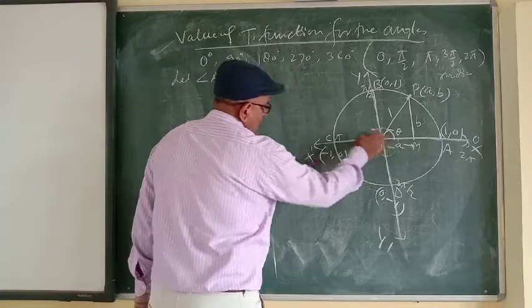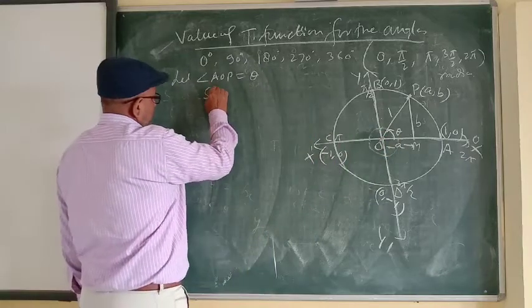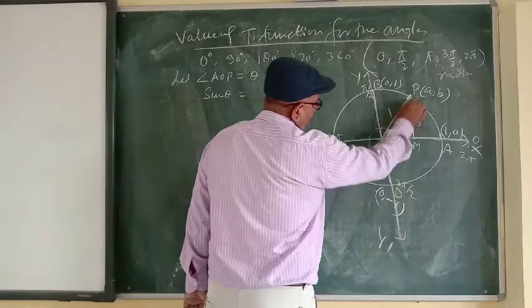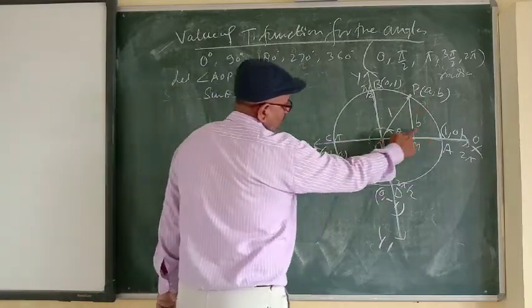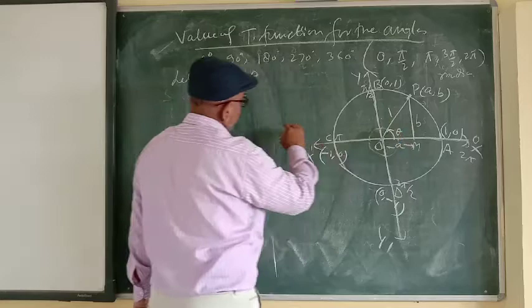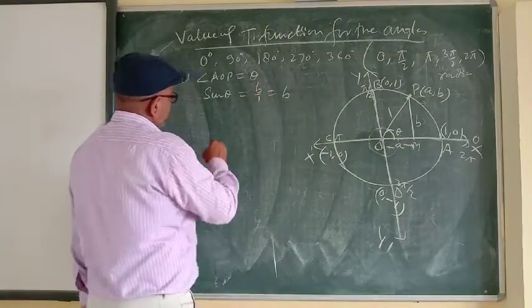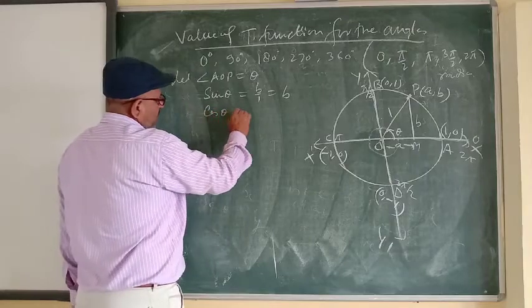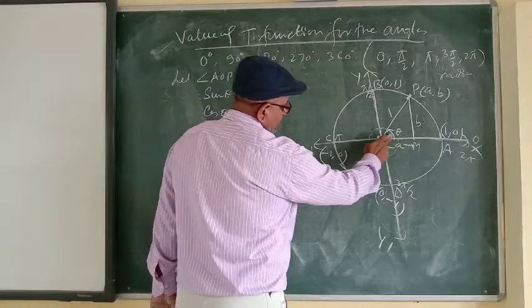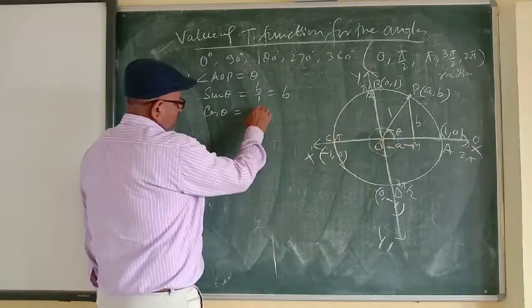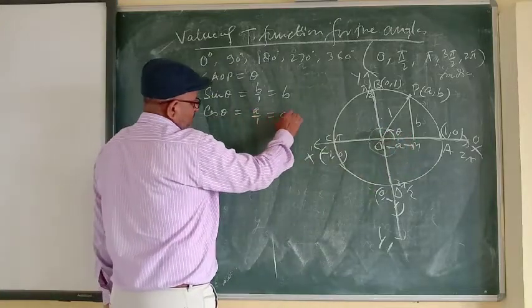So if we take sin theta, what will be sin theta in this triangle? In triangle OPM, sin theta is perpendicular by hypotenuse. So it will be b by 1, which is only b. And what is cos theta? Cos theta is base by hypotenuse. So it will be a by 1, so a.